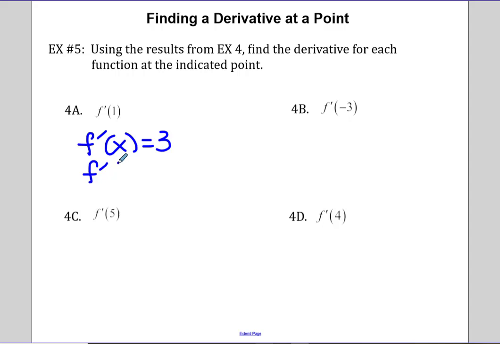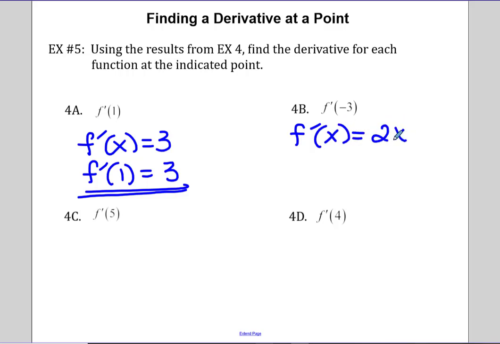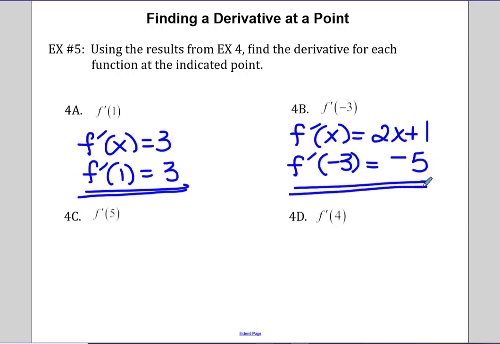So the derivative at 1 would be 3, since there's no x to substitute. In example B, our f prime of x was 2x plus 1. So our derivative at negative 3 is going to be negative 6 plus 1, or negative 5.